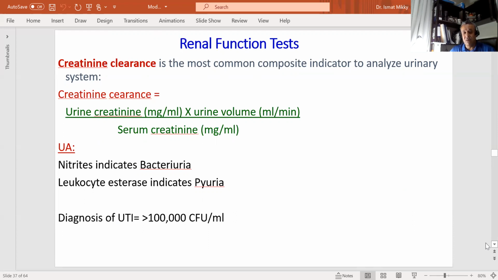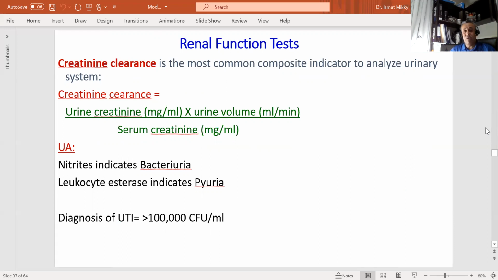We send the urine in a jar collected over 24 hours to the lab. But these values, the creatinine clearance and the GFR, measure pretty much the same thing, which is the filtration rate at the glomeruli. And this is the equation for how you can measure the creatinine clearance.